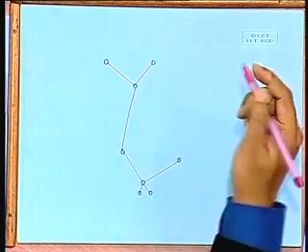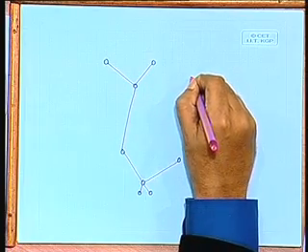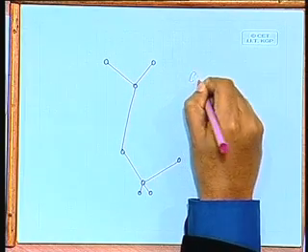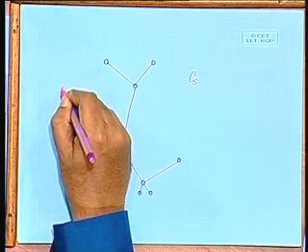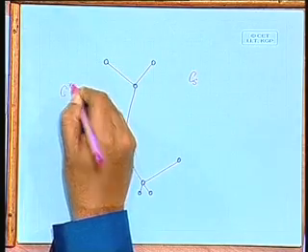Let us say that the cost of this minimum spanning tree is C of S, the cost of the spanning tree, right. And let us say that the optimal cost of the tour that we are looking for is C star.